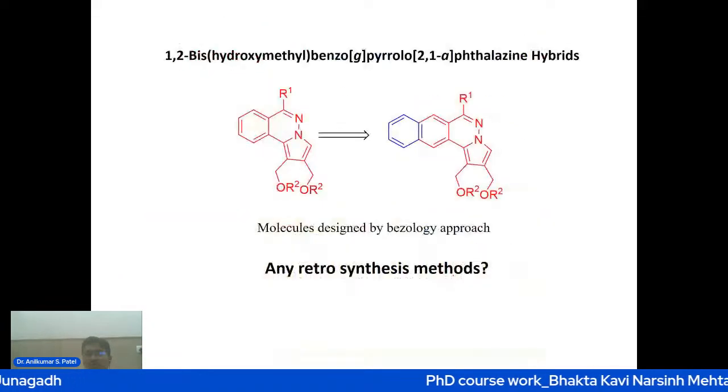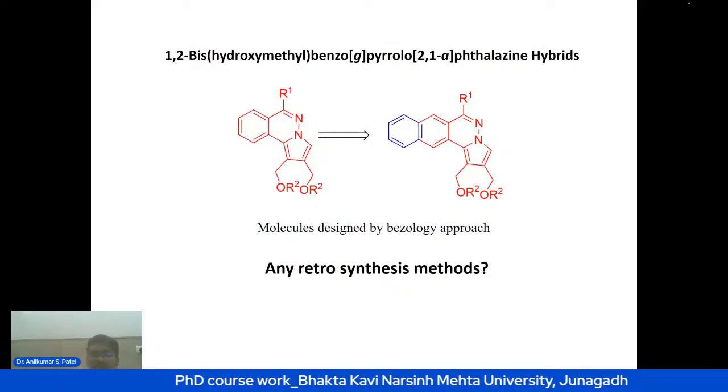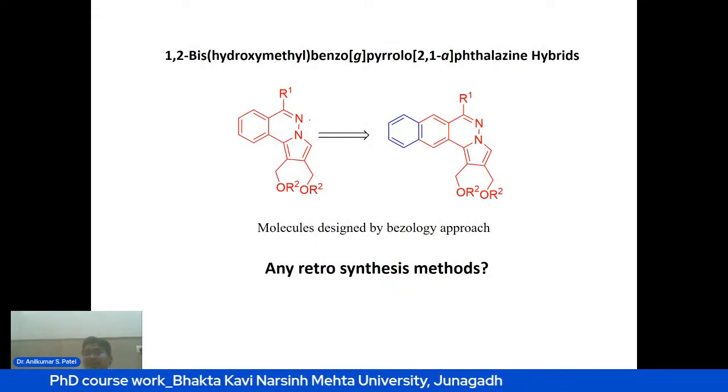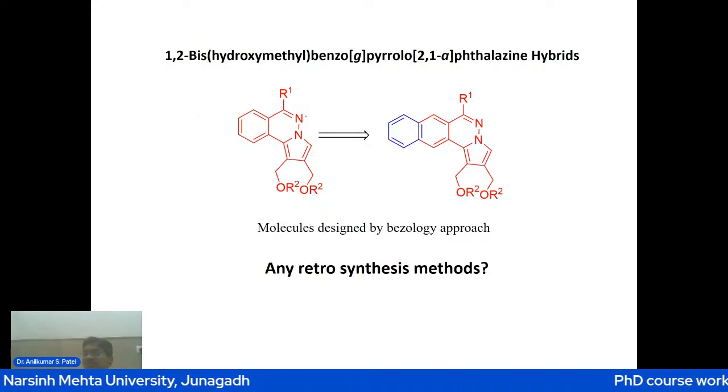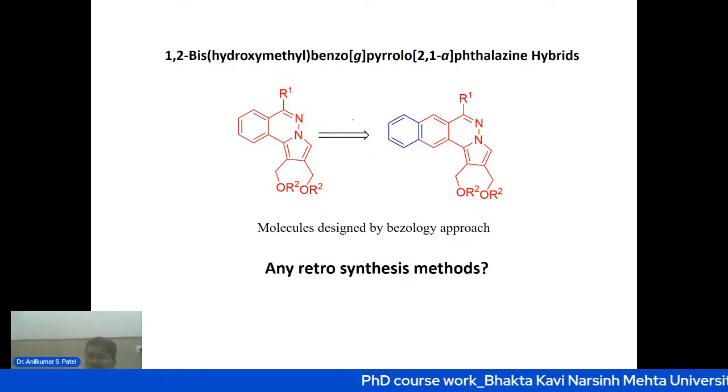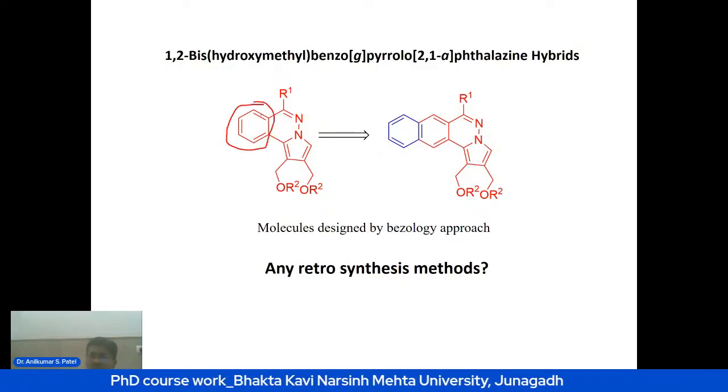So in the next class, to alter this lipophilicity, we have designed this class of compound using the benzologue approach. Here only one benzene is present.